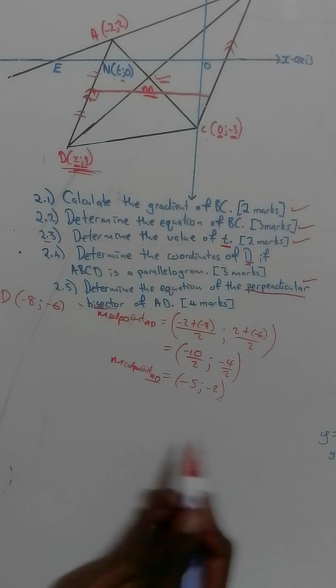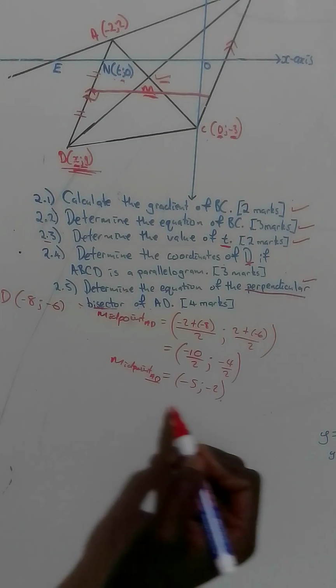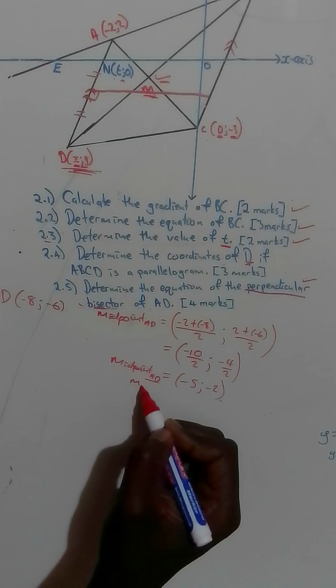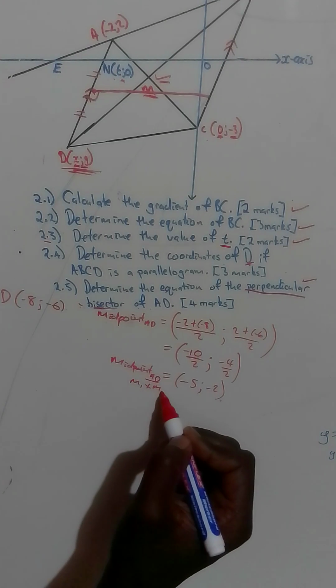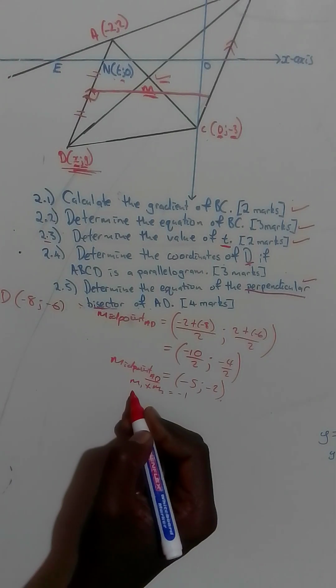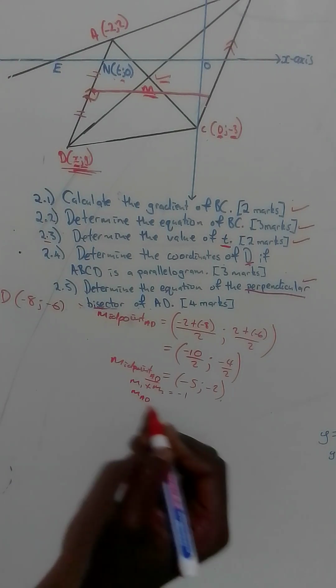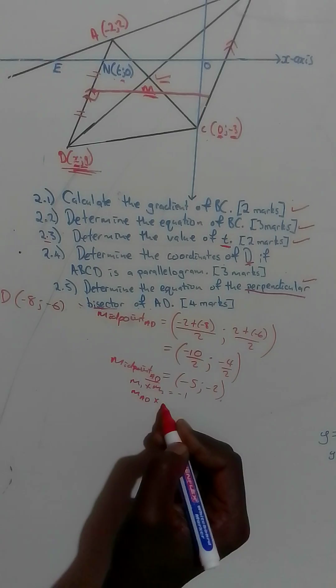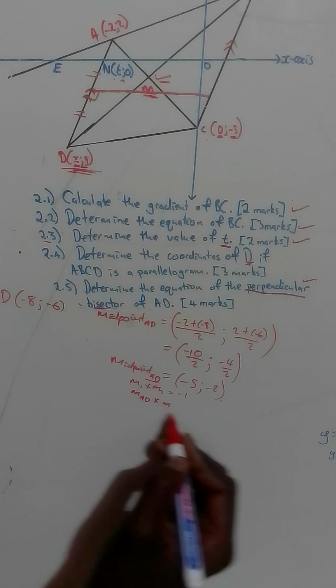So what do we need? Remember, I said that when you've got perpendicular lines, we say gradient of line 1 multiplied by gradient of line 2 gives us a product of -1. So the gradient in this case of line AD is going to multiply with the gradient of the perpendicular line.